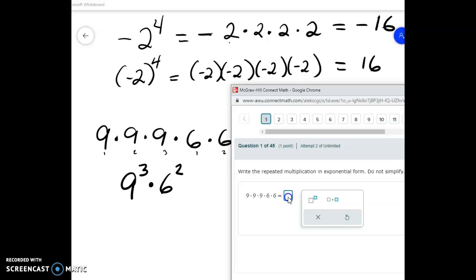So when I go to enter it in here, notice when I click the box, it gives me the base and the exponent. And then, oh, I don't want to do that. I want to make sure I'm back down to the normal entry.